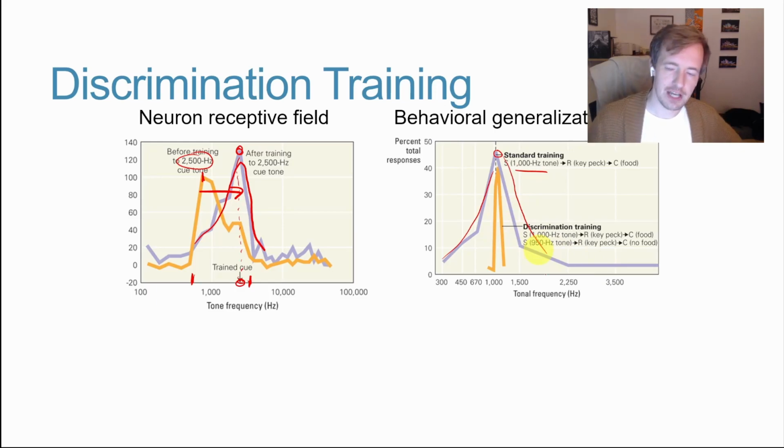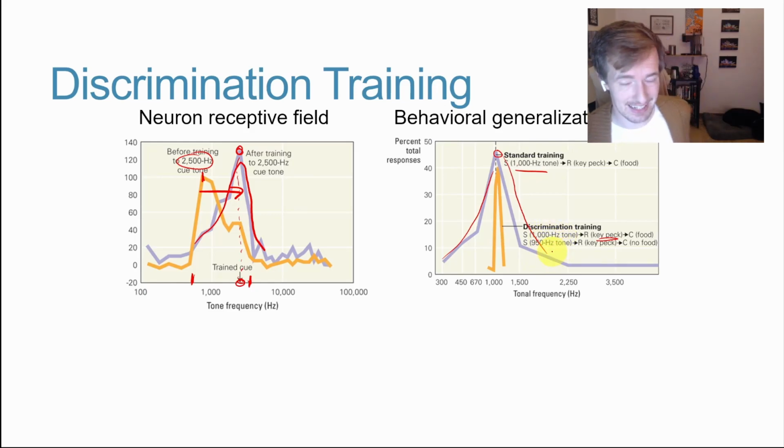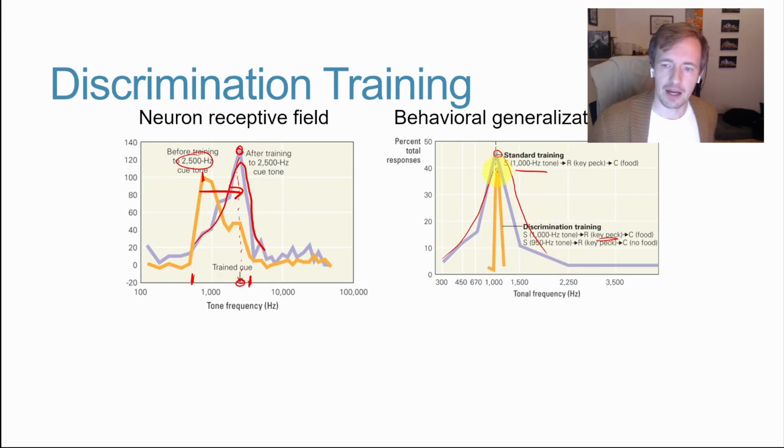But over time, if you were to practice a discrimination training task where you teach the organism that if you peck, and I say peck because it says peck here and it's referring to pigeons, if you respond a certain way whenever you hear this tone, you get a reward, but a very close nearby tone, if you hear that, you're not going to get rewarded for that.